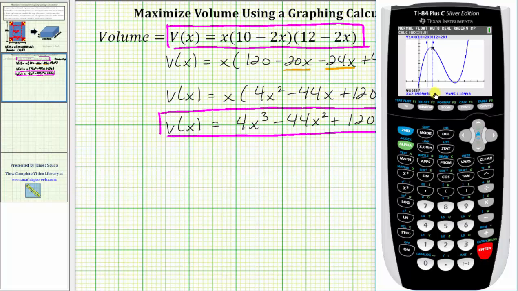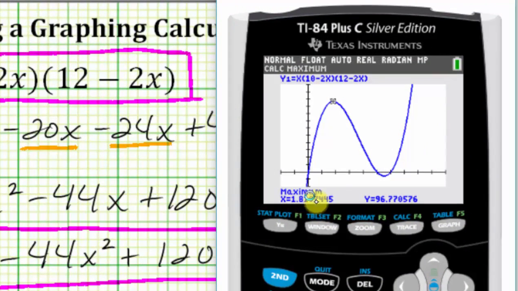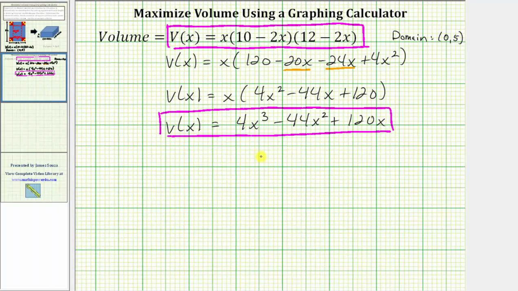It does say guess, but we can just press enter again. And then notice how the ordered pair of this point show below. The x-coordinate is approximately 1.8107, and the y-coordinate, or the volume function value, is approximately 96.7706. Let's record this ordered pair.